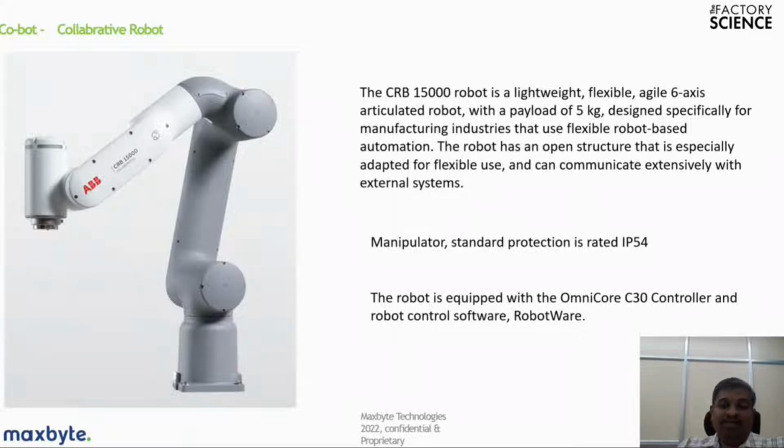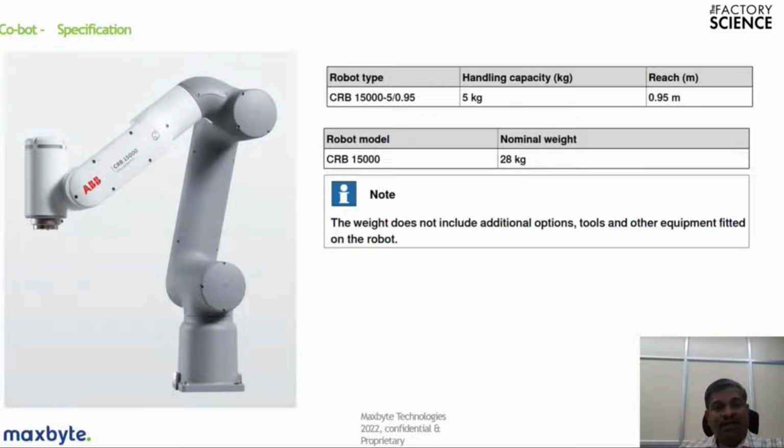Every manipulator comes with a standard rating of IP54, and this robot is equipped with the OmniCore C30 controller, which is not open source. It is developed by ABB and uses RobotWare.